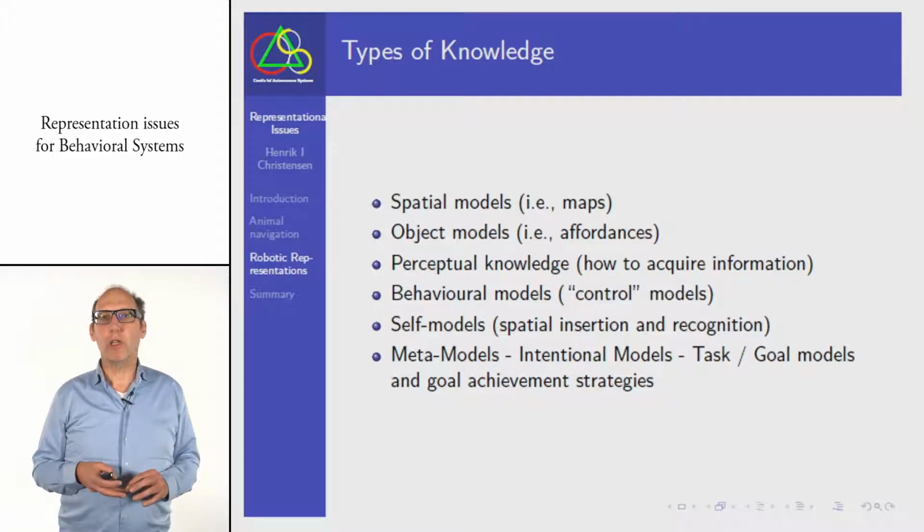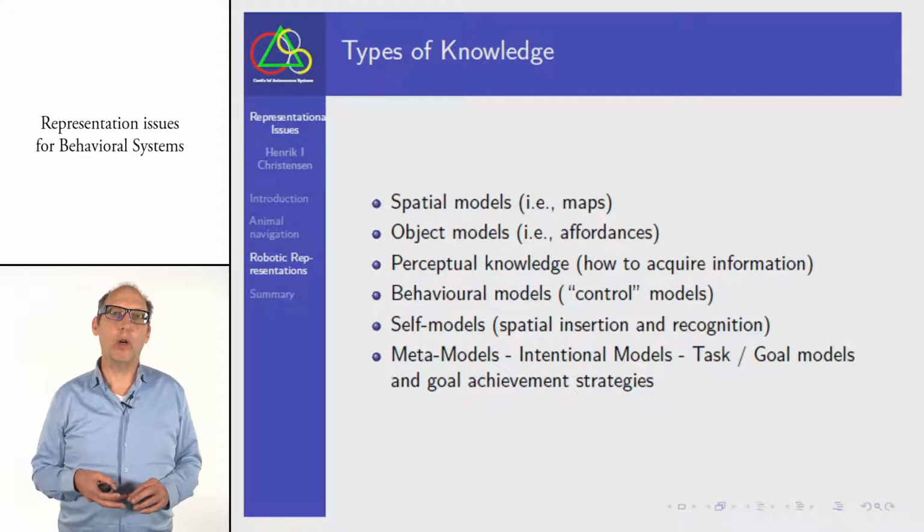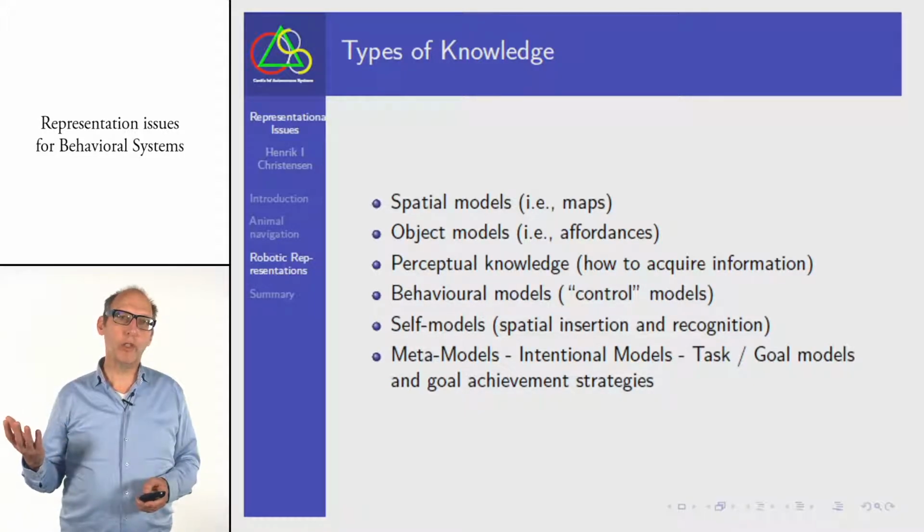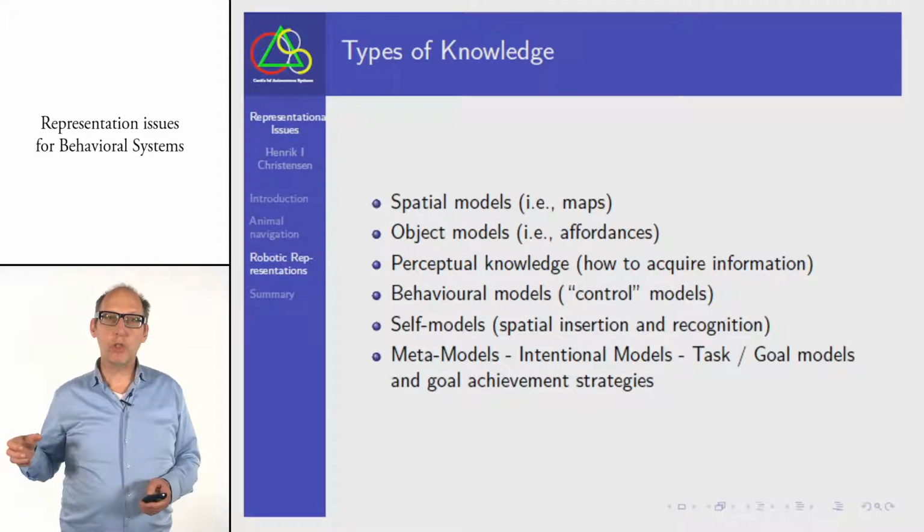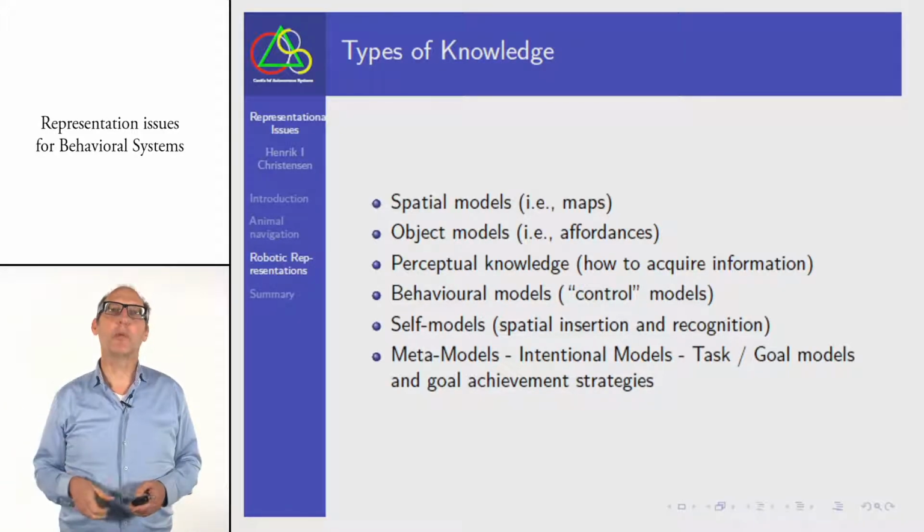Part is spatial models, a map of that environment. Part of it is models of objects that it can see but also can handle. For instance, if you have a full 3D model of a cup, you still need a model of where to grasp that mug.